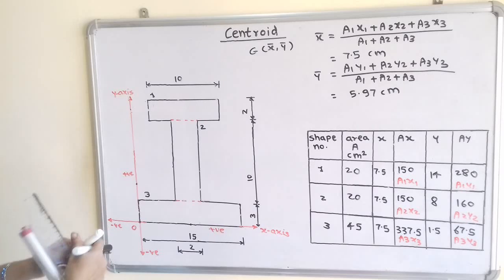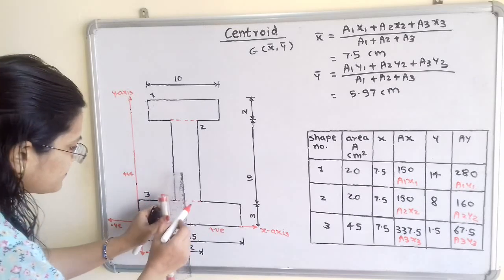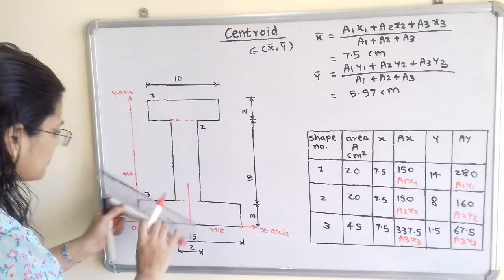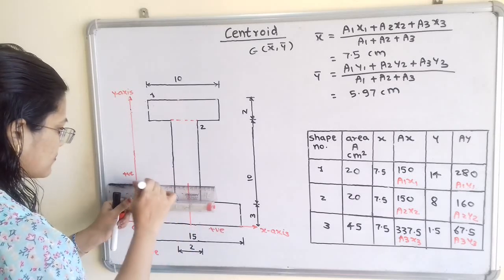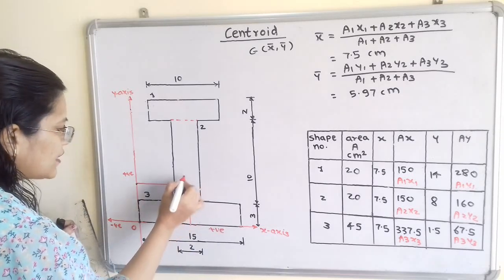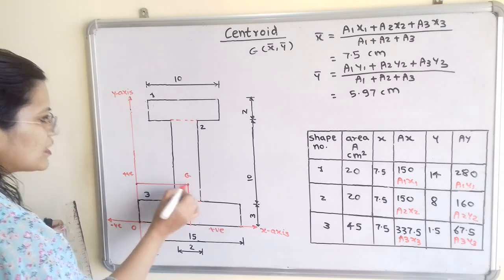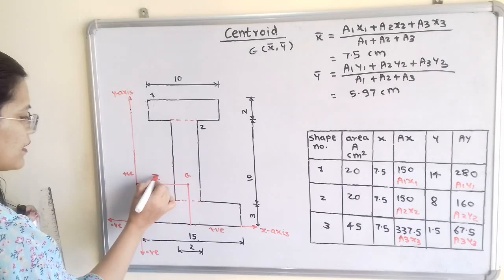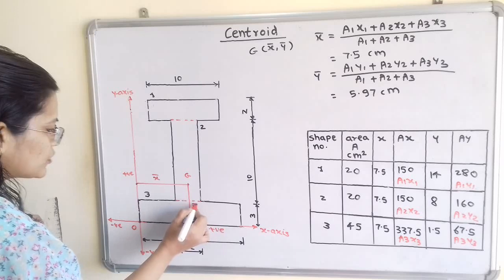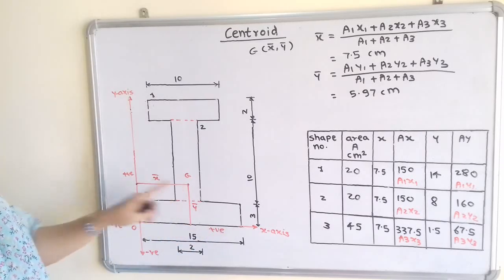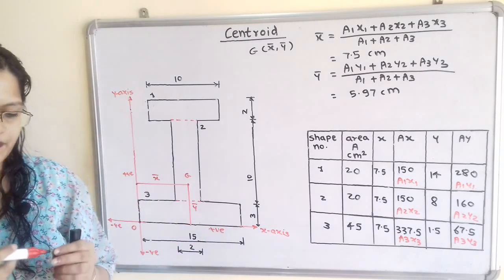So we will extend these 2 points and this is the centroid G. So this horizontal distance is known as x bar and this vertical distance is known as y bar. So this is the exact location of the G.